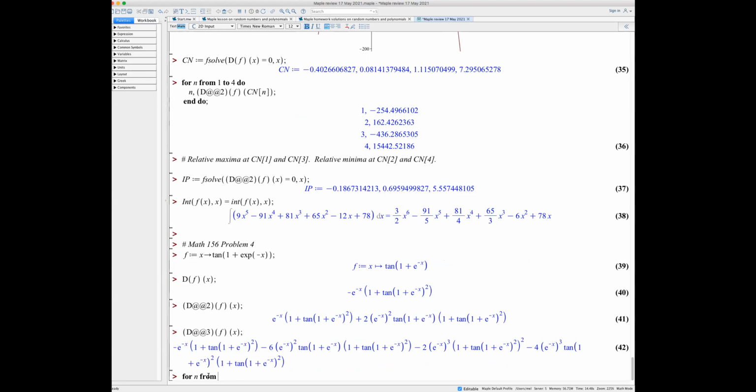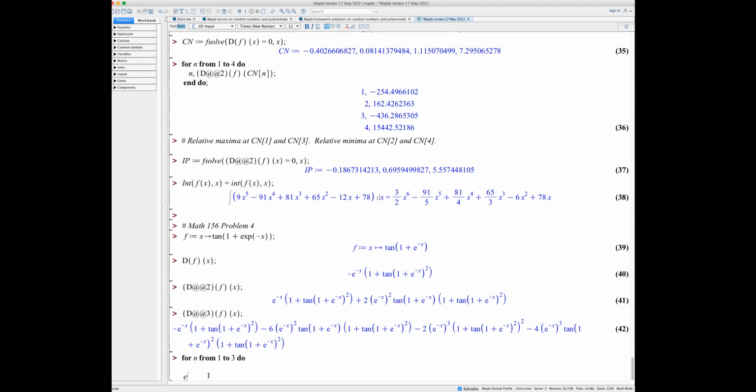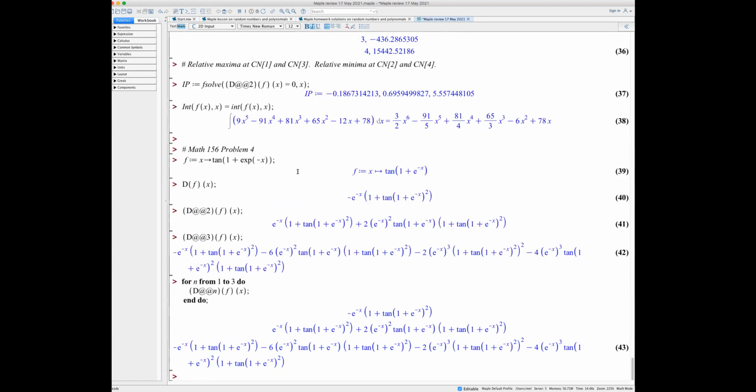For n from 1 to 3 do, and what we want to compute is the nth derivative of f of x. And we get these three functions. Okay. Thank you. Yep.